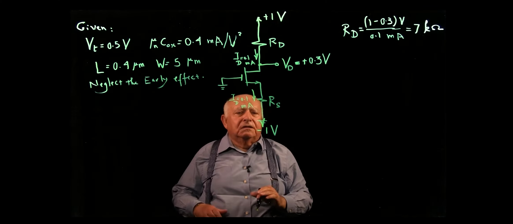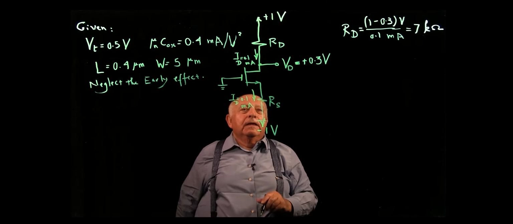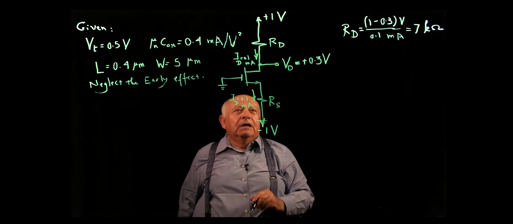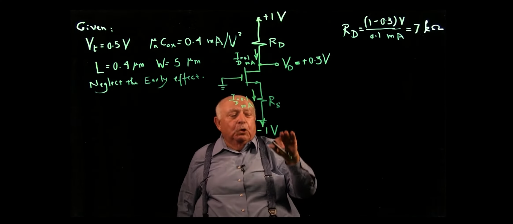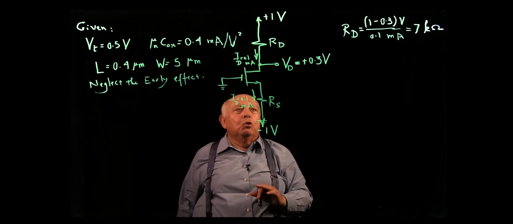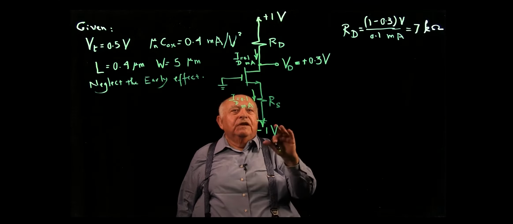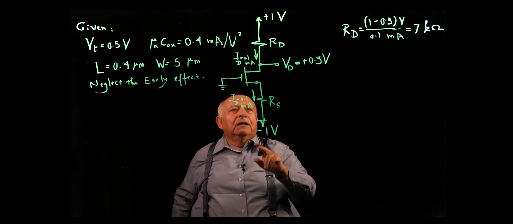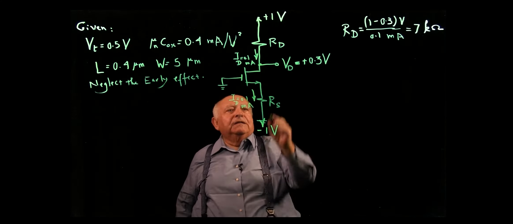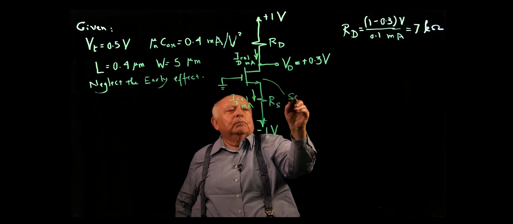And you recall that saturation mode operation is obtained if the drain is higher than the gate, or if the drain goes below the gate, but by no more than VT volts, which in this case is half a volt. So this transistor is operating in saturation.